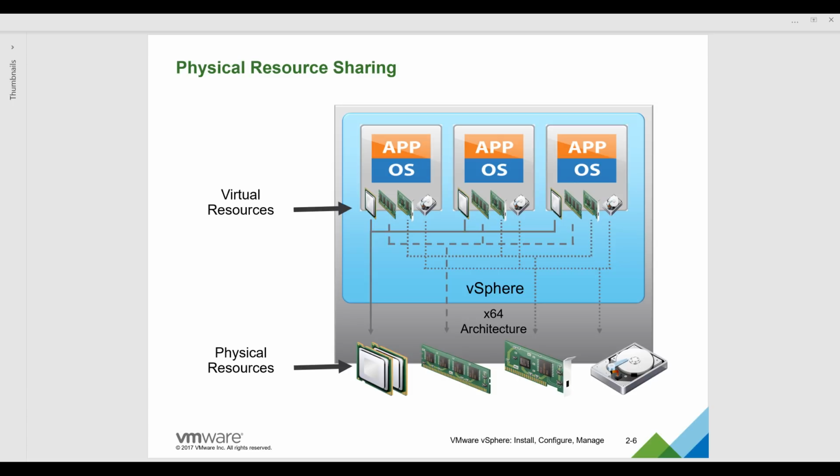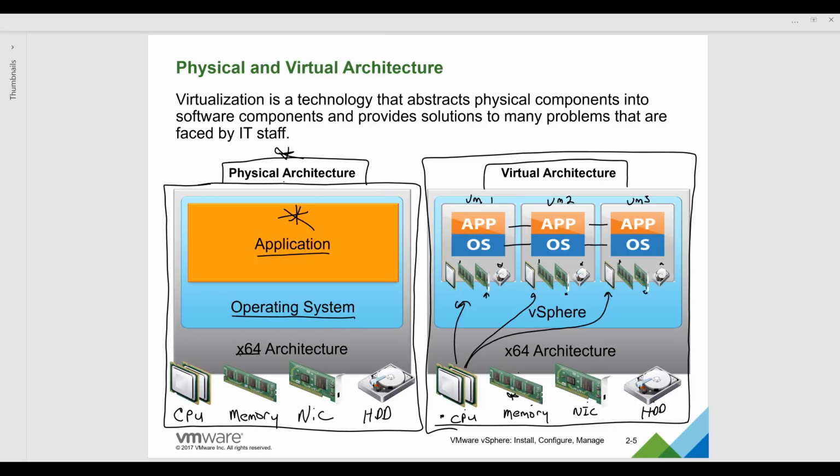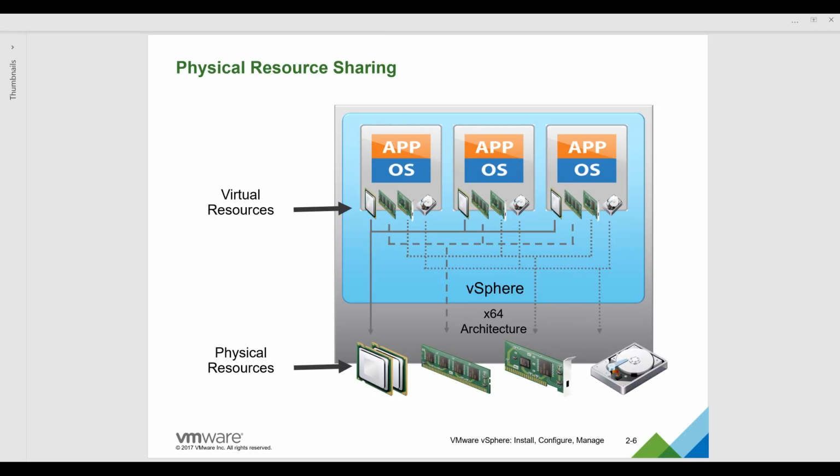And the same thing like I pointed out a little bit ago in the previous slide, same thing you see here. The physical resources are being utilized. So you see we've got the CPU is coming across, is sharing here, and is sharing here. So we'll name this one VM1, VM2, VM3.